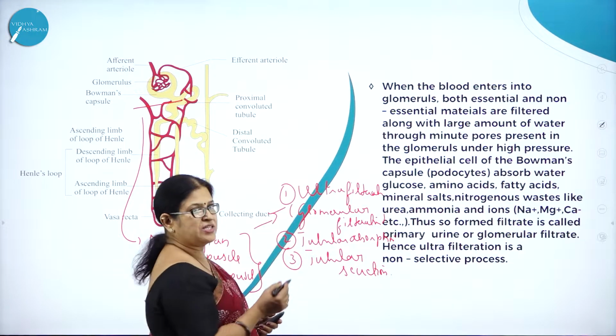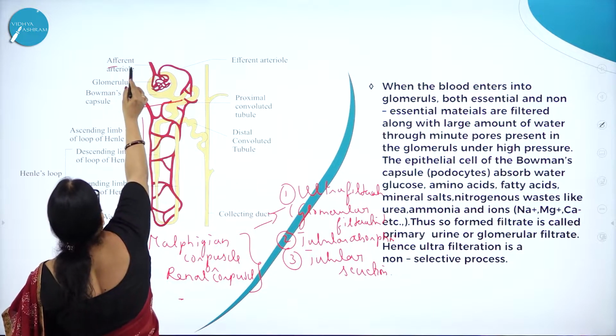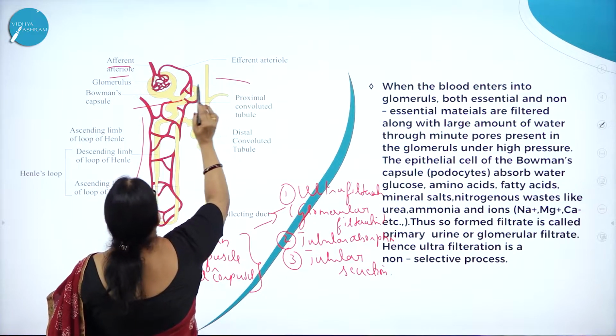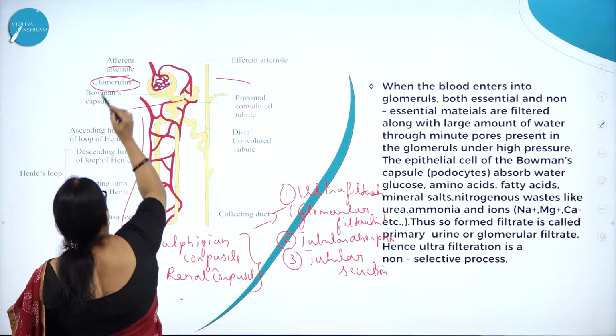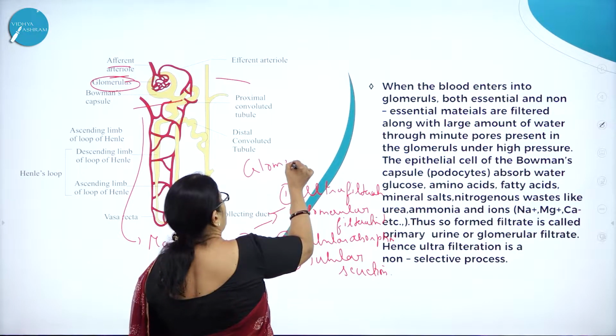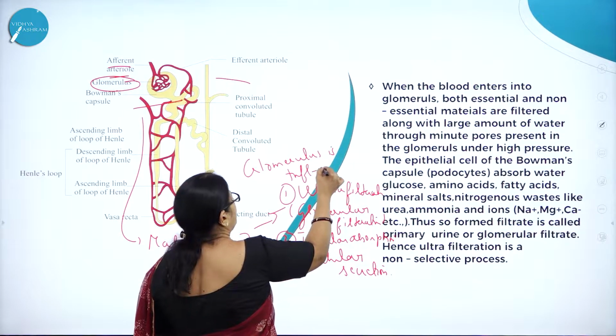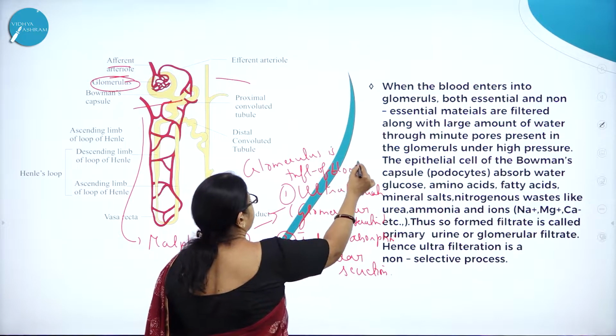When the blood, as we already studied the structure, here you can see the afferent arteriole, then here you can see the glomerulus. What is glomerulus? Already we have studied in the last session. Glomerulus is nothing but a tuft of blood capillaries.